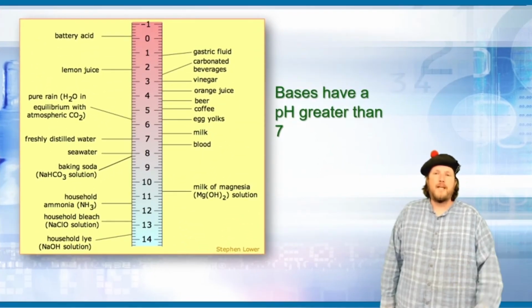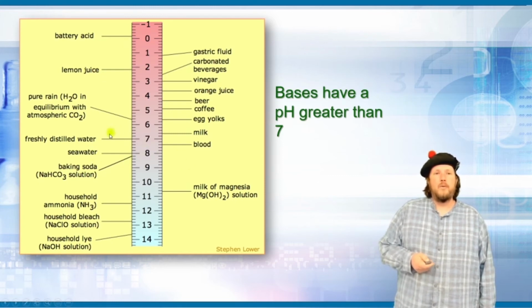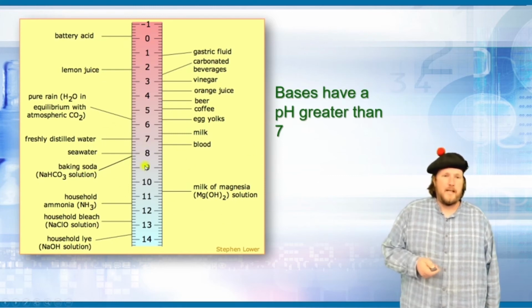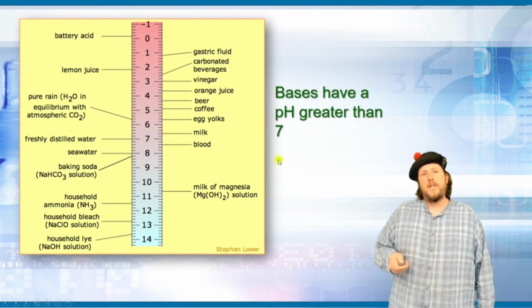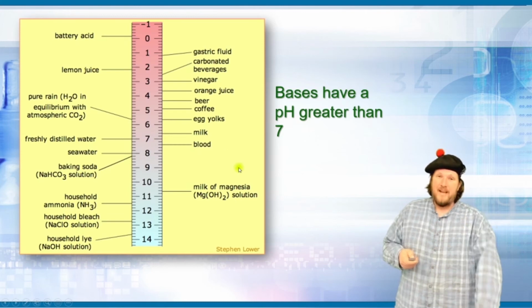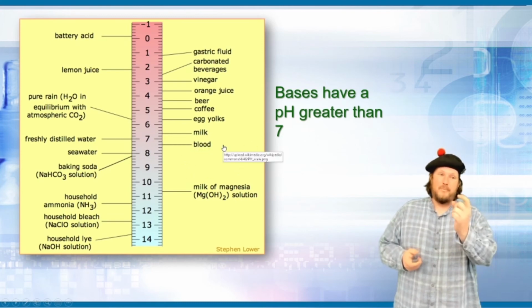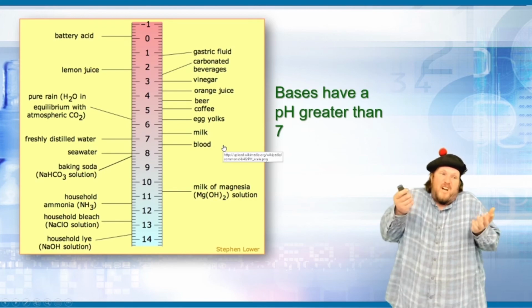Bases have a pH greater than 7, so we're looking at everything from here to here: blood, seawater, baking soda, milk of magnesia, household ammonia, household bleach, and household lye. If you'll notice, your blood is slightly basic. You really are, at least a little bit. We all are.